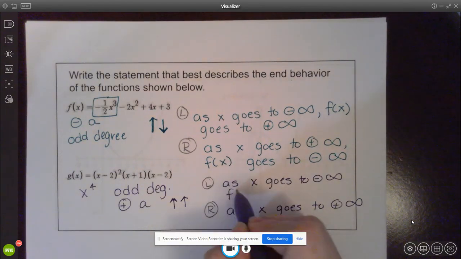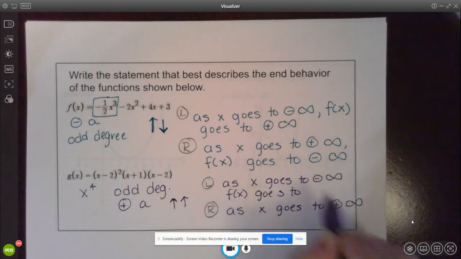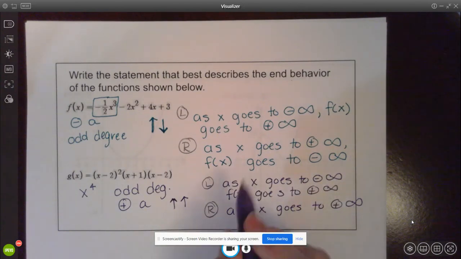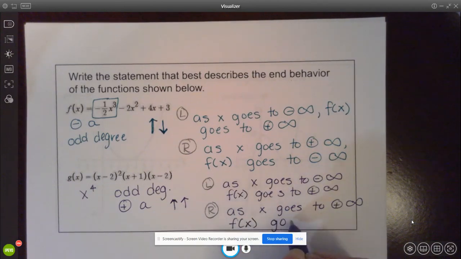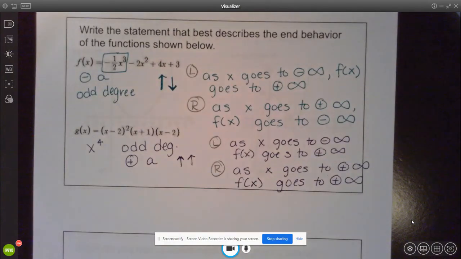So this is going to say f of x goes to positive infinity because it's going up. And f of x is going to positive infinity. So that's talking about end behavior.